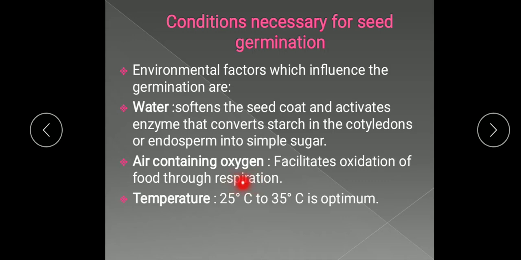So as the embryo begins to grow, the softened seed coat cracks open, and this enables the oxygen needed for cellular respiration to reach the embryo. So these are the processes: the seed coat ruptures, then the entry of oxygen becomes possible.